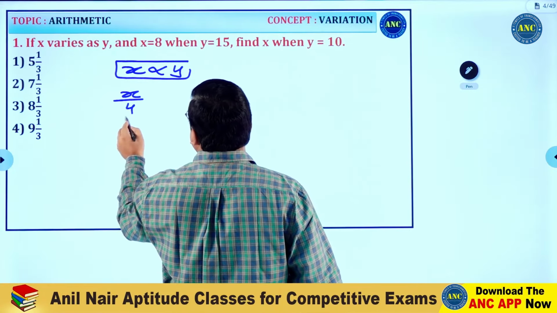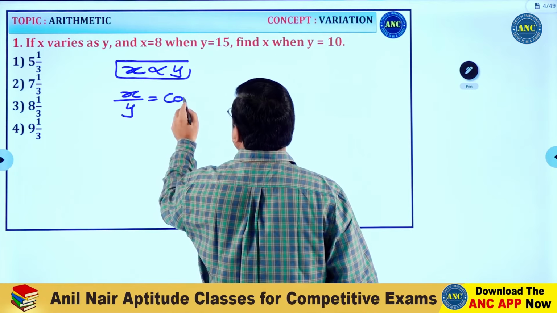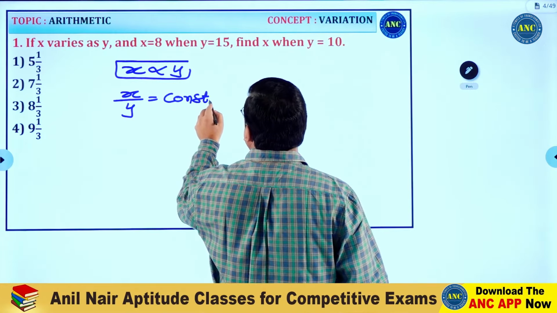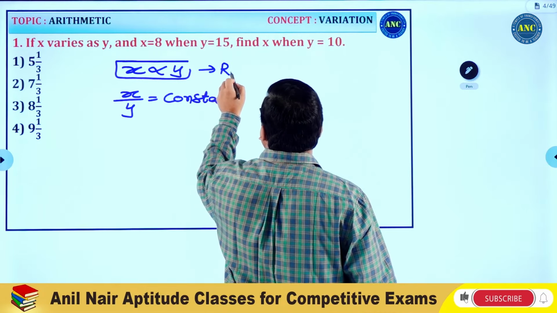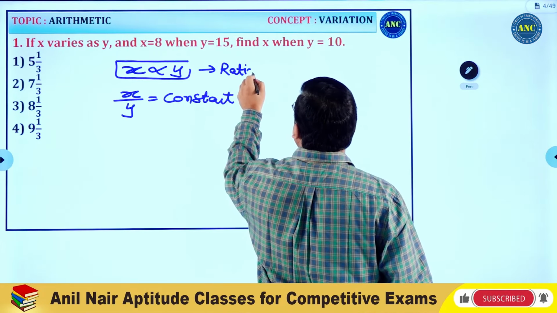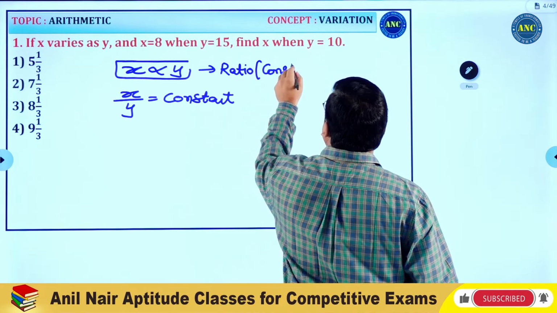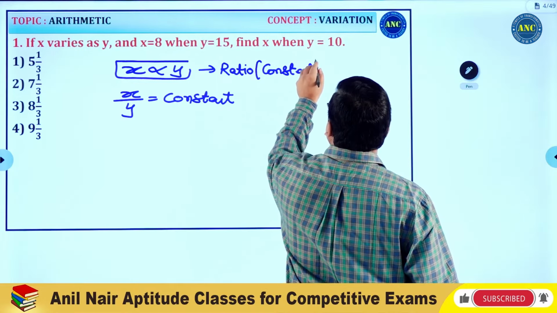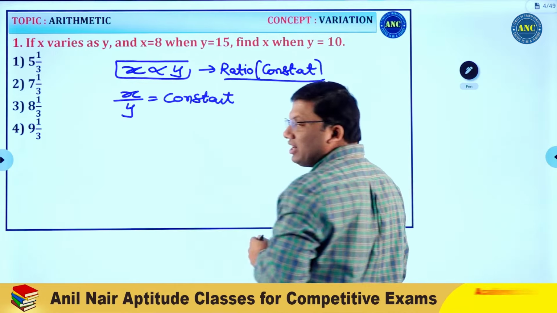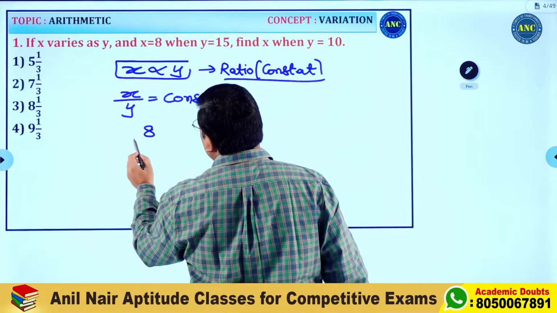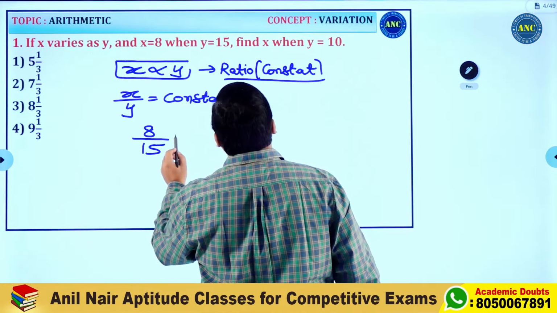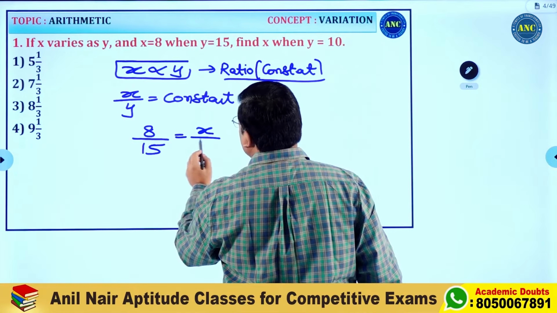In direct proportion, what is constant? Ratio is constant. Ratio means the first ratio is 8 by 15, and the next ratio is x by 10.